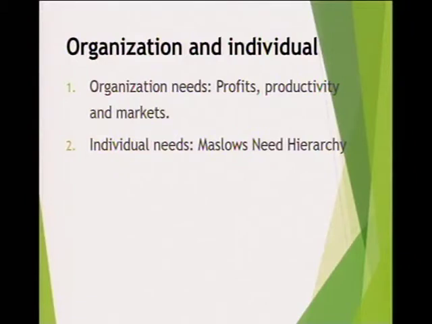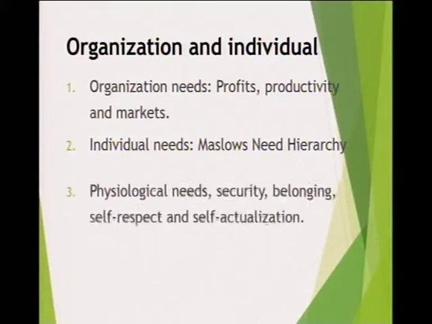Now when it comes to the individual, HRM says that individual needs must be taken note of, and it refers to Maslow's hierarchy of needs. Abraham Maslow talks about five levels. It talks about physiological needs, social needs, safety needs, self-actualization, and self-esteem. So all those need to be taken note of.